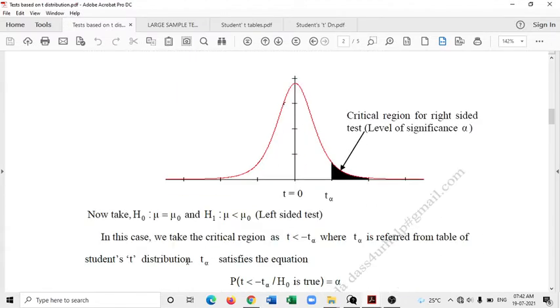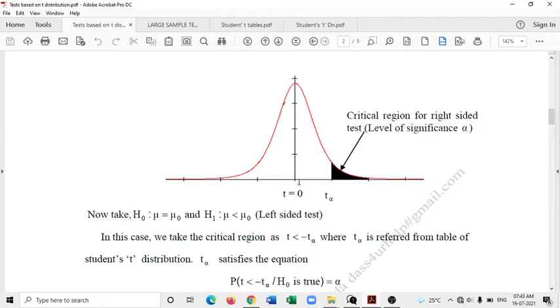Then the shape is given in the graph of the student t distribution. Here, this shaded section represents the critical region and its area is alpha. Therefore, when t equals 0, that is when x bar and mu 0 coincide, there is perfect agreement between the sample mean and the suspected value of the population mean.